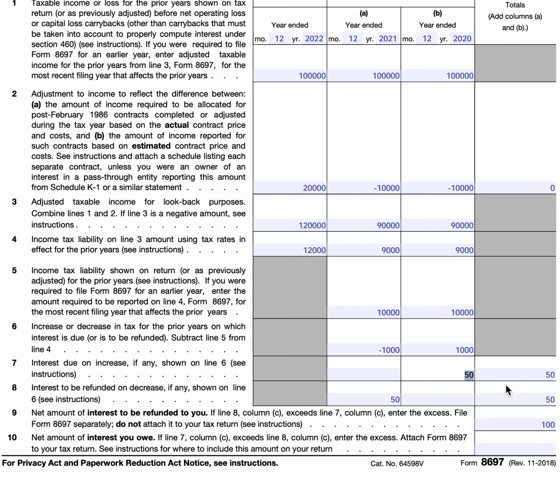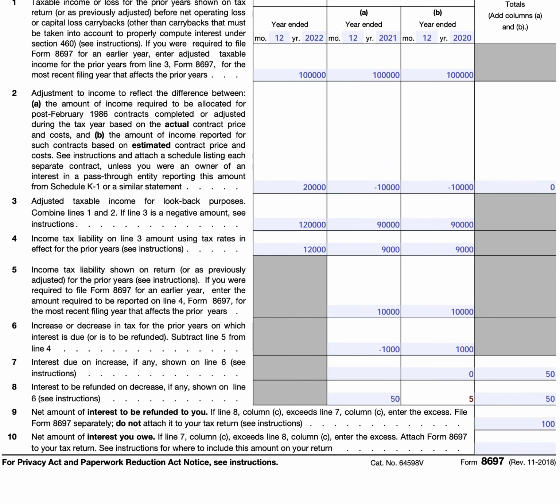All right, so we're taking this $100, and because this is the refund and there is no net increase in tax, line 8, column C does exceed line 7, column C. We enter the excess in line 9.